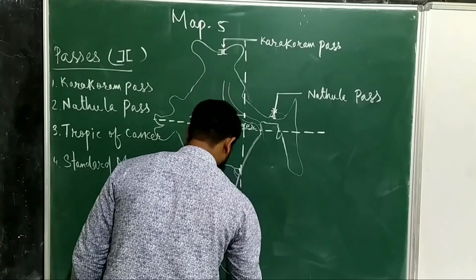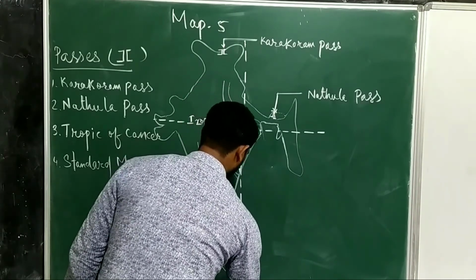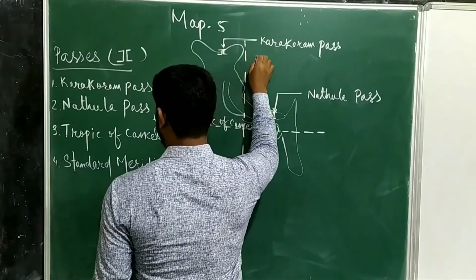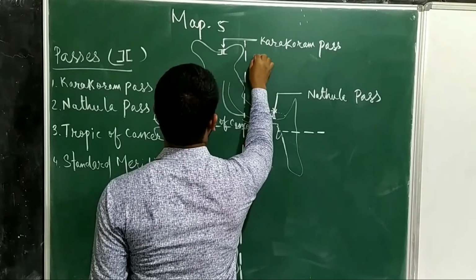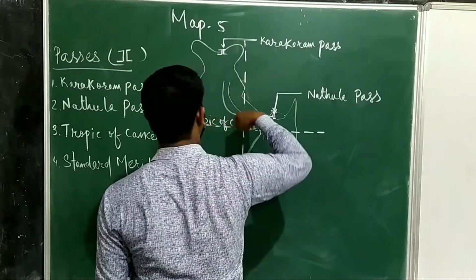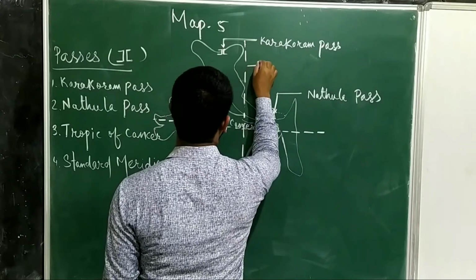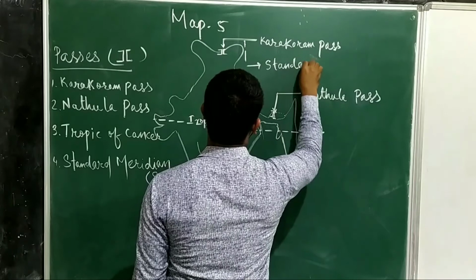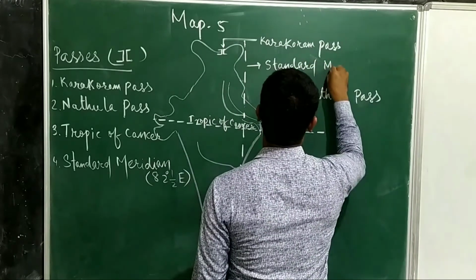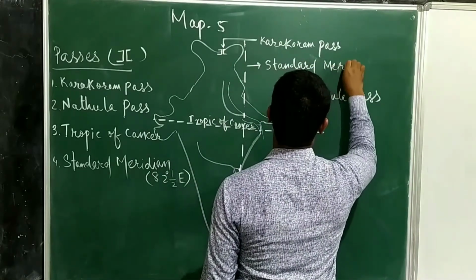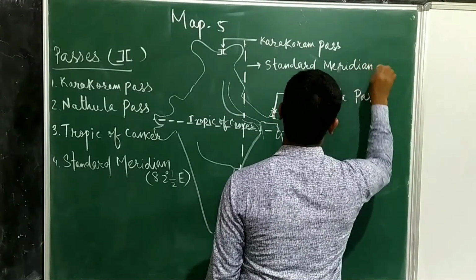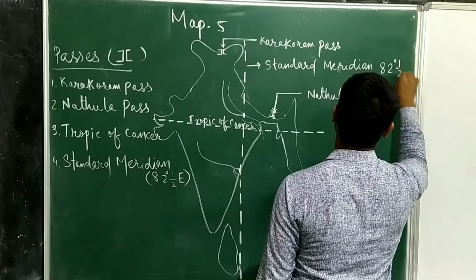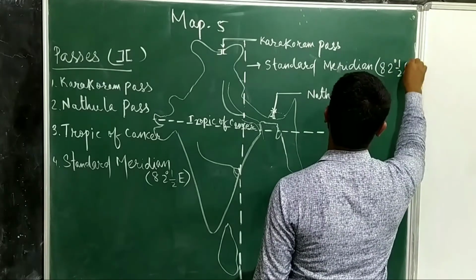So this is how the standard meridian of India is labeled, and then you write Standard Meridian, and after that in brackets you should write 82.5 east.